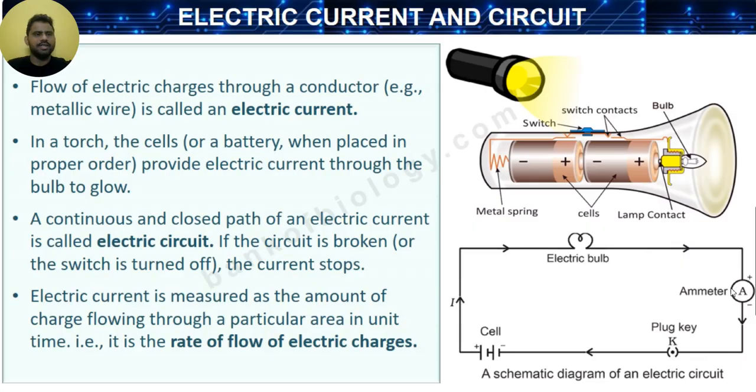Ammeter is a device that is used to measure the current reading. Ammeter will give you a reading, that is the reading of the current flowing through the circuit, and there is a plug key. So electric current is measured as the amount of charge flowing through a particular area in unit time. So it is the rate of flow of electric charges.